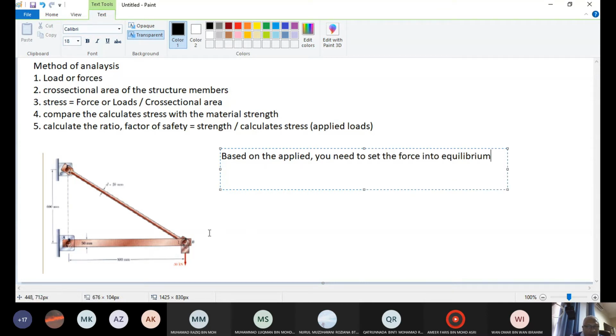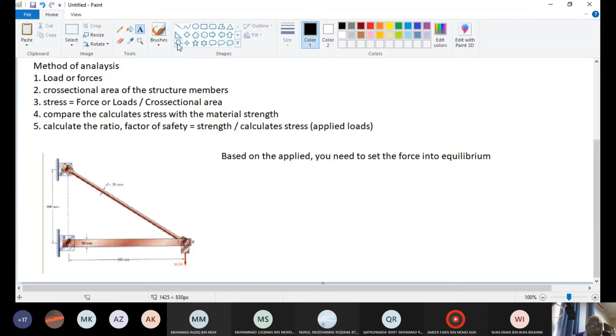So in order to get equilibrium, we have to translate the force here. We have to use the system of convention. You have to set the convention.